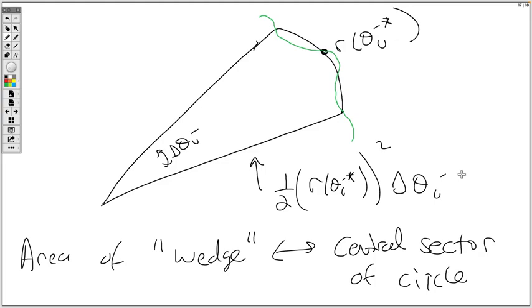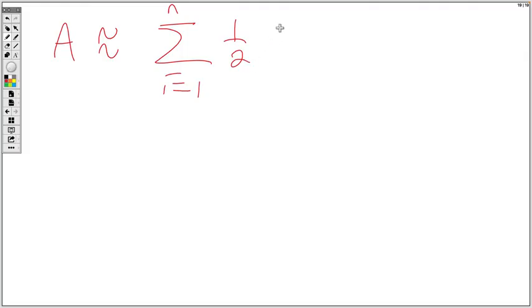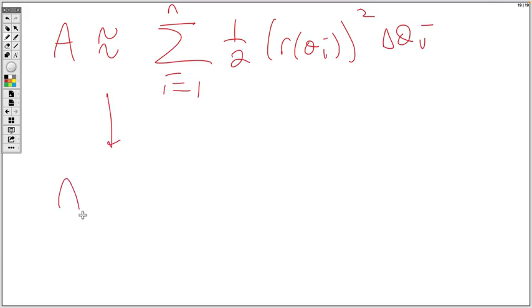Now this would be the area of just one of those wedges. To get the area of the region, I take the area of each of those wedges and add them up, and that would approximate the area of the entire region I want. So the area I actually want would be an approximate sum, i goes from 1 to n, 1/2 r of theta sub i squared delta theta sub i, and then you do the thing.